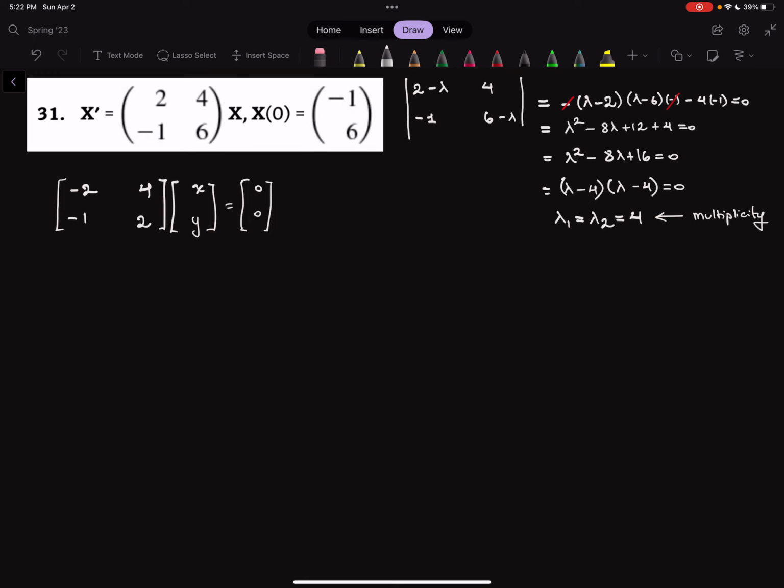Now if we do this, we notice that these two, we can just use one equation because the two are linearly dependent. And we see that 4y is equal to 2x, or that y is equal to 1/2 x. So for x equals 2, y is equal to 1.